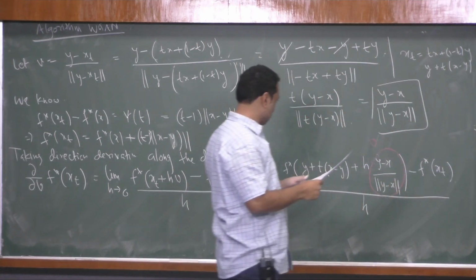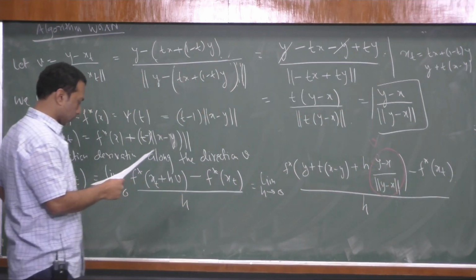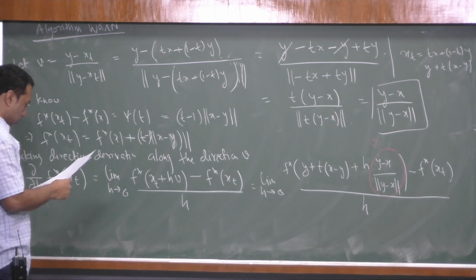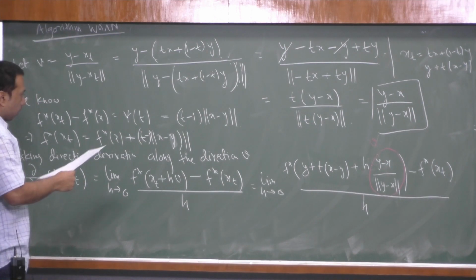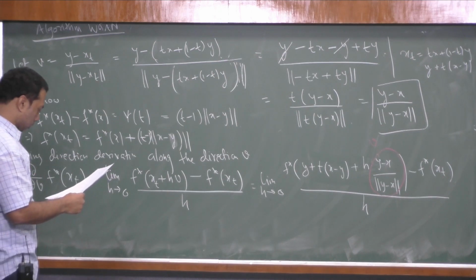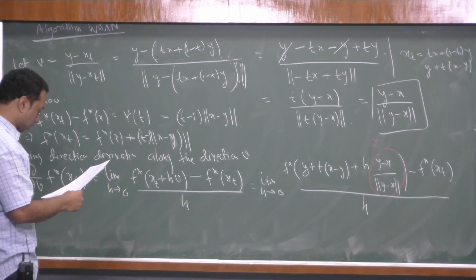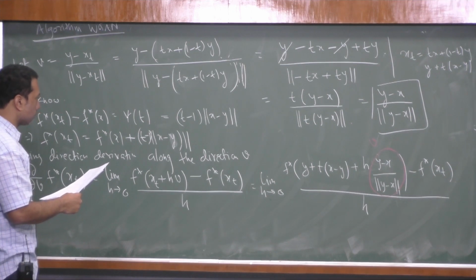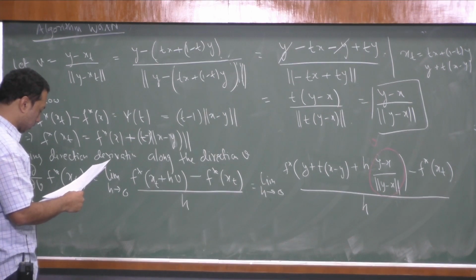Now how can we write this, right? Can I write this as some x sub t plus something? In the notes I have written that it's x sub t plus h by norm x minus y. But obviously in our case it's not the same because there are changes. In our case it will be perhaps 1 minus t.